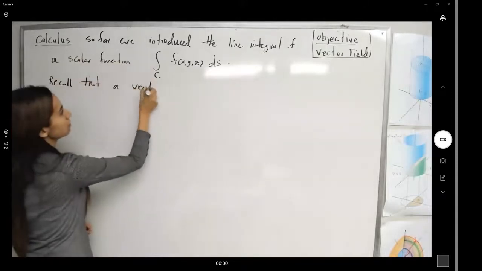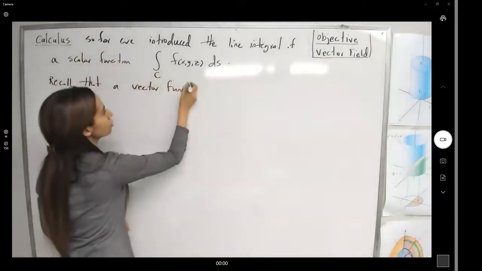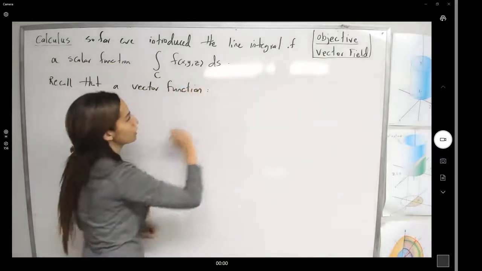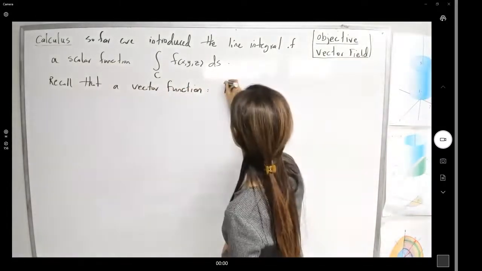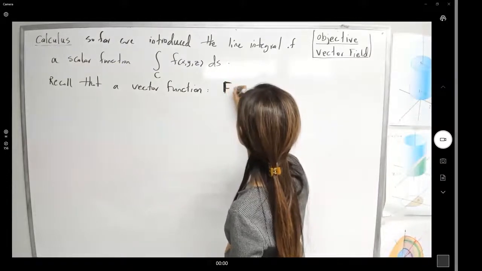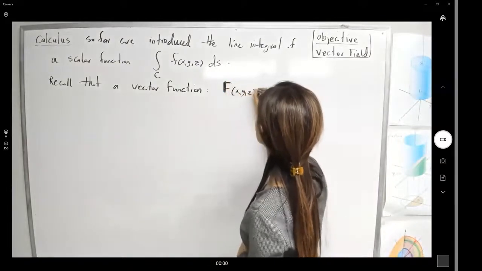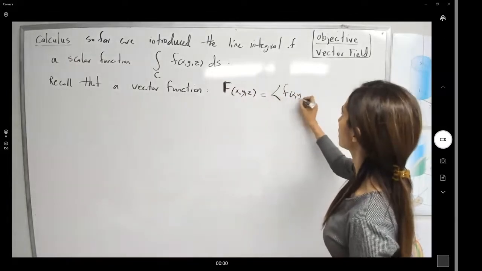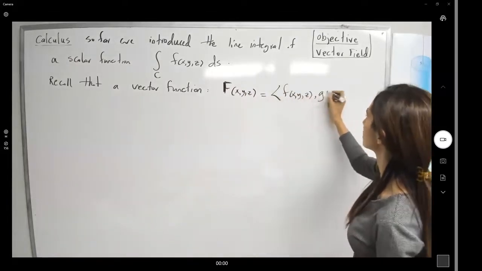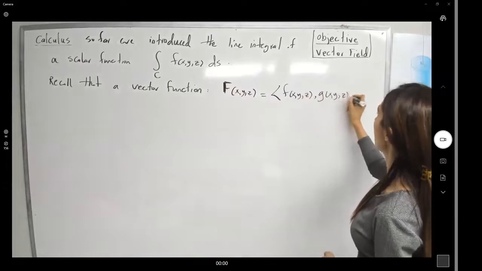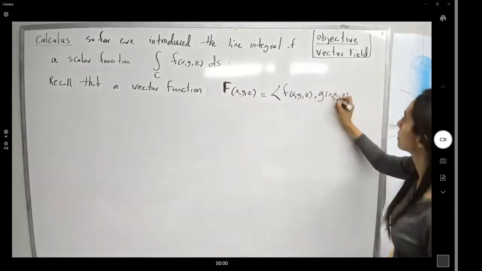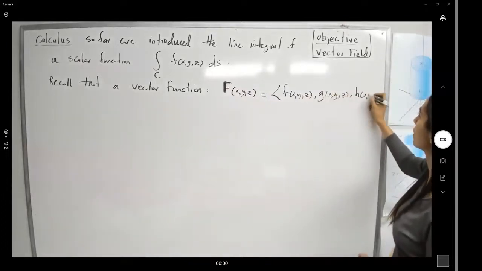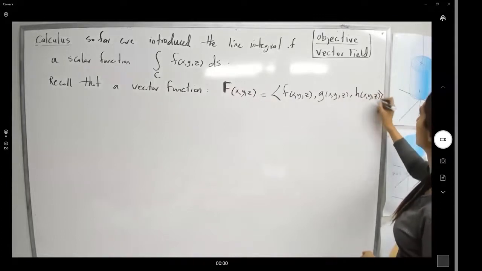A vector function is defined this way. Bolded F of x, y, z is defined as, for example, the first component is f of x, y, z, the second component is g of x, y, z, and the third component is h of x, y, z.